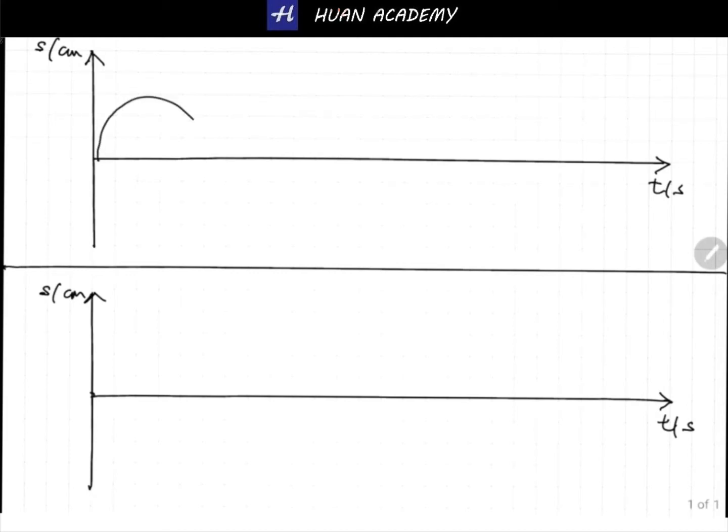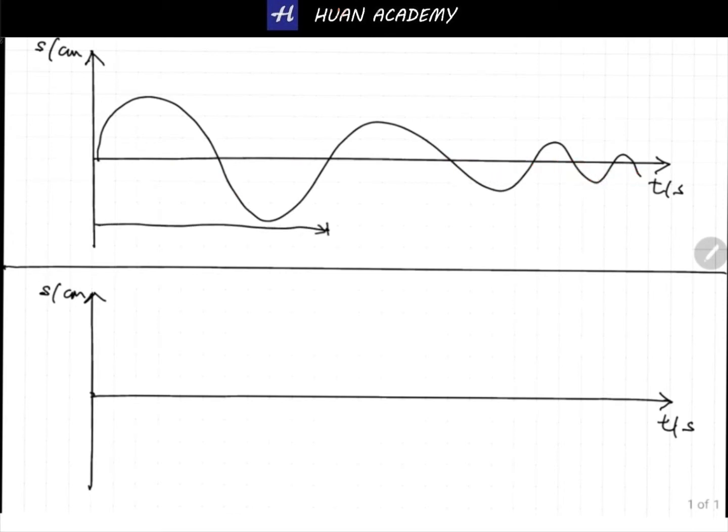Students tend to overemphasize the decreasing of amplitude until they forget that the period should not change. But when you try to draw, you tend to make the periods getting smaller and smaller. If this is T1, this is T2, and this is T3, we notice that T1 is greater than T2 is greater than T3, which is not true.